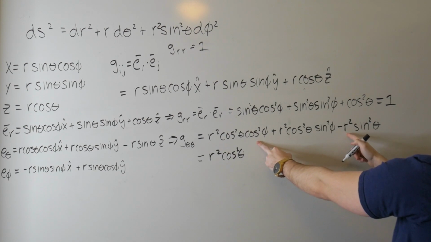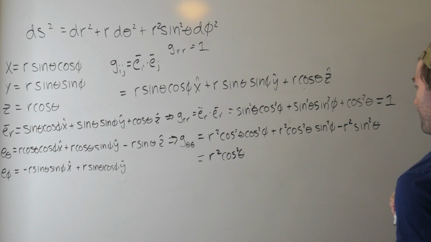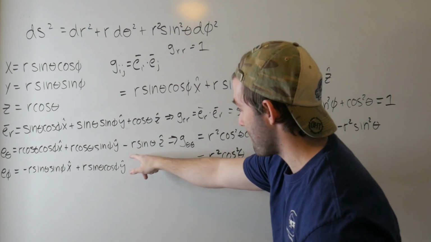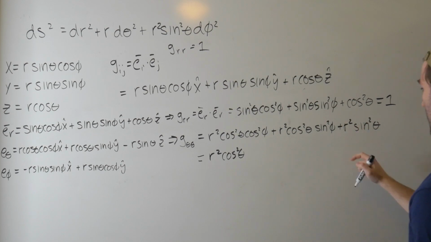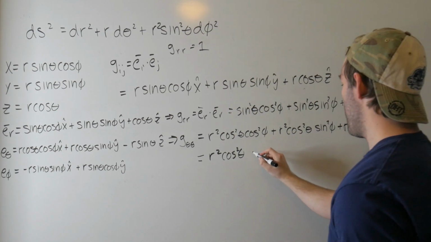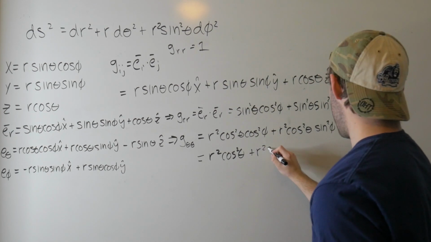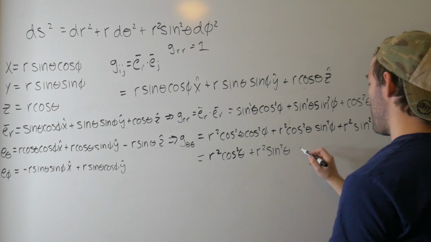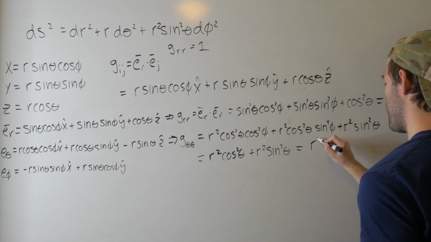And then we get a minus r squared sine squared theta. And the minus should actually be a plus because we're doing minus times minus, which is plus. So that was my mistake. Plus r squared sine squared theta. Again, factor out r squared. That goes to 1, which gives us r squared.